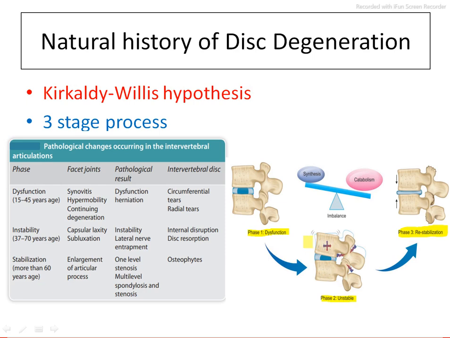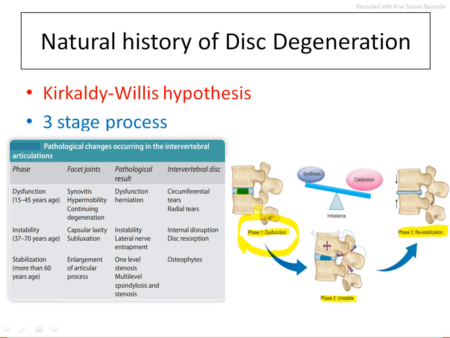So what happens in the dysfunction phase? As we already said, the nucleus pulposus is hydrated. During the aging process, the hydration is lost and the proteoglycan content is lost, and because of that it cannot maintain its elasticity and cannot properly transmit all the vertical force horizontally.